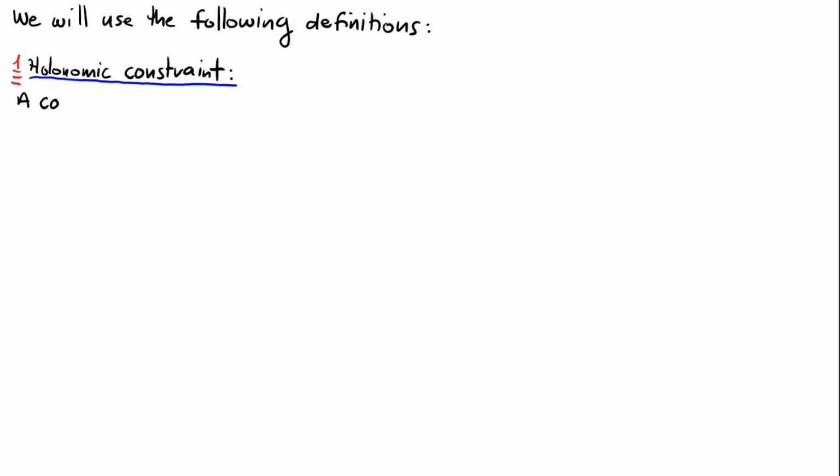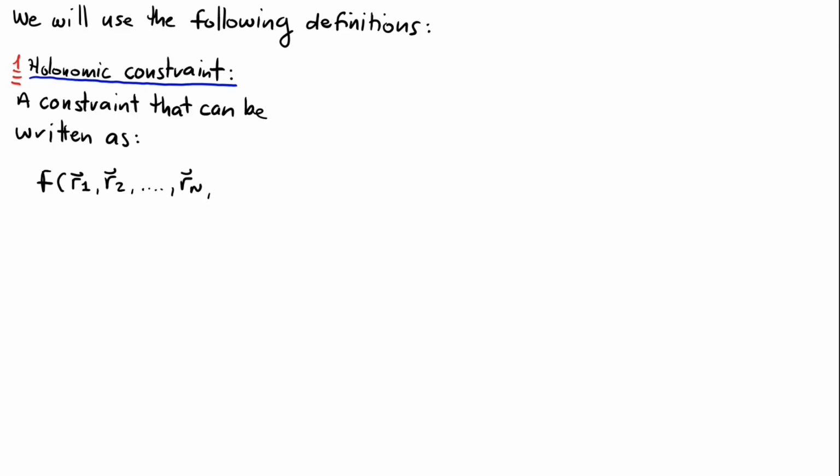Holonomic constraints in our context are the constraints that can be written as a function of the positions and time. No velocities, no accelerations, just positions and time. And this constraint you must be able to write as an equality. If you can write it as an equality, you can write it such that this function is equal to 0.